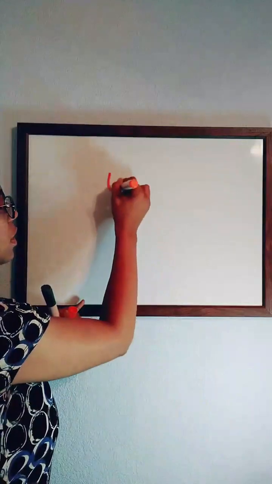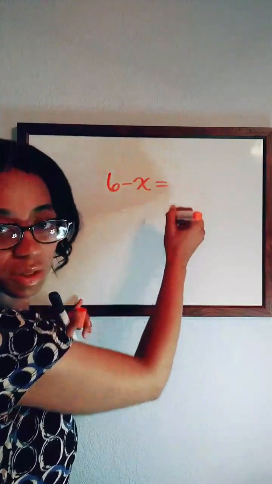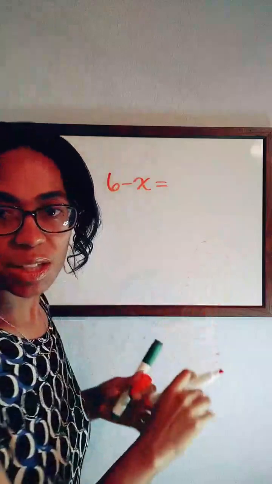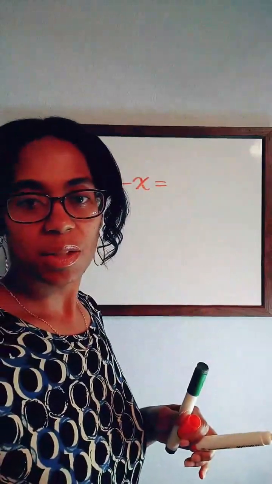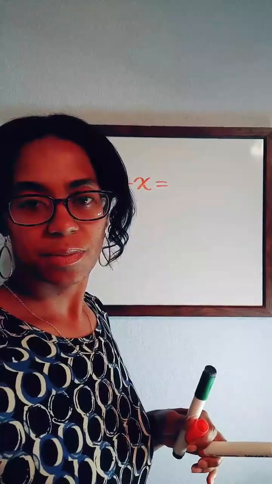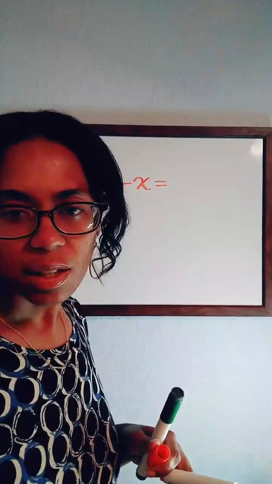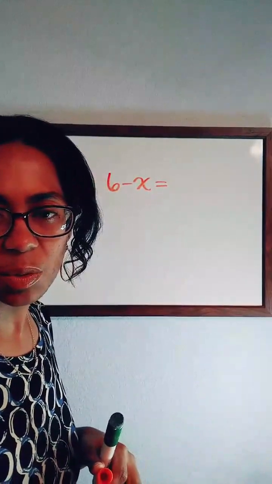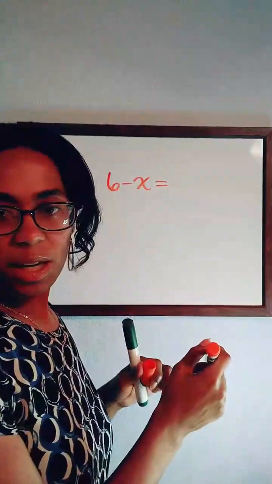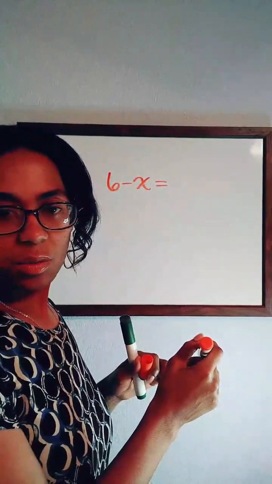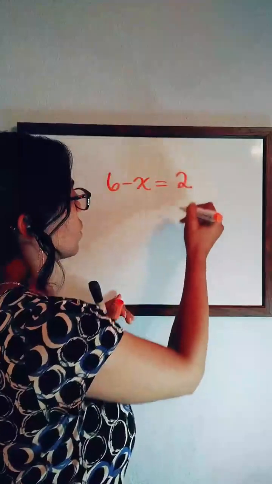Okay, what is it? 6 minus x equals 2 is the answer for. Girl, let me just request 6 minus 2 equals, 6 minus x equals 2 is the answer for.